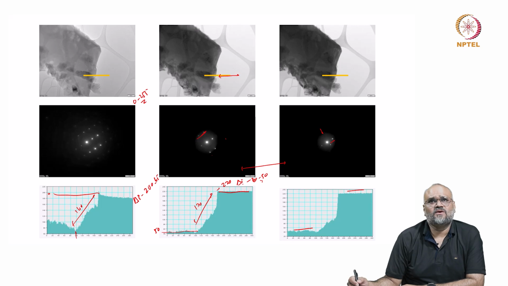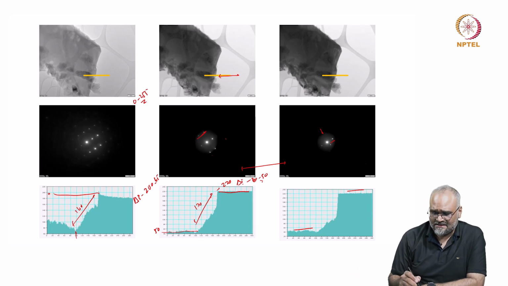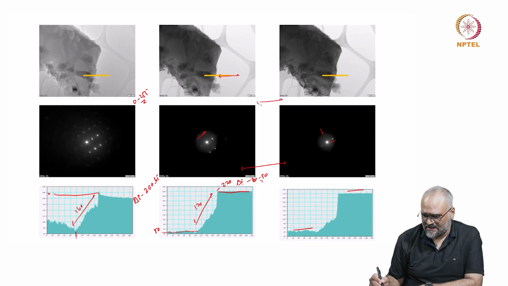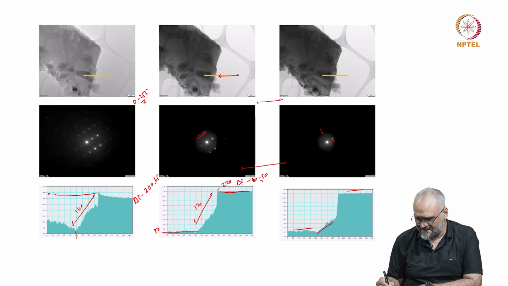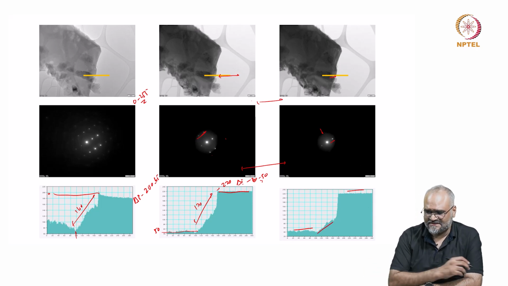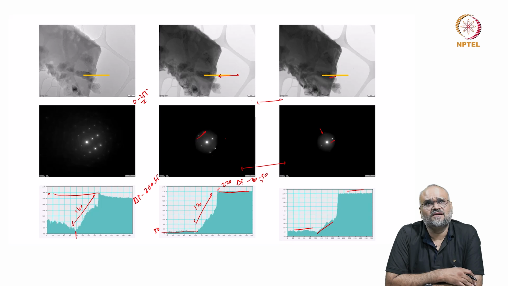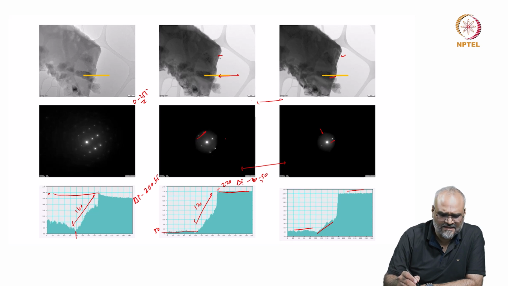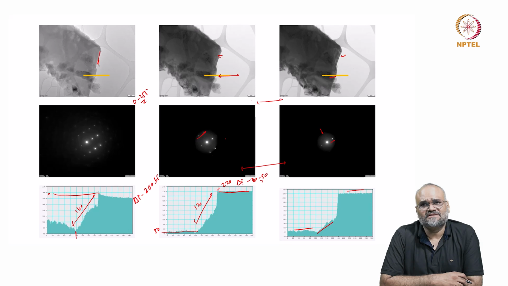Although there are no significant variations in the contrast between these two images, you can see that there are still some subtle variations in the information I get from the features here. Most importantly, I can see that the bend contours, or the consequence of diffraction contrast close to this edge of the specimen, are more prominent here in comparison with here, and I hardly see these features in this configuration.